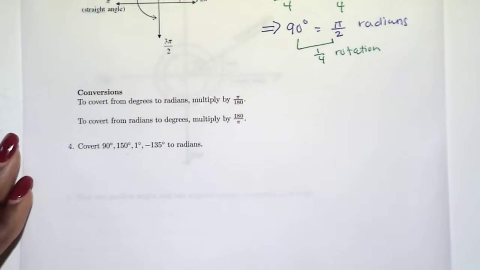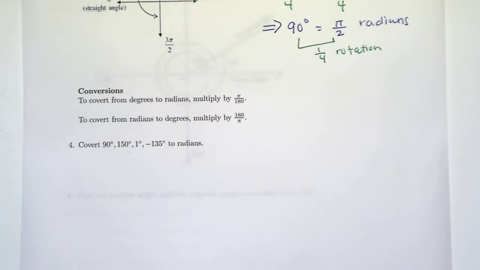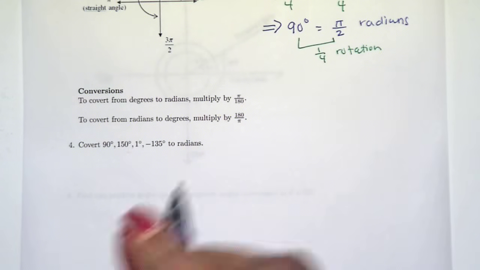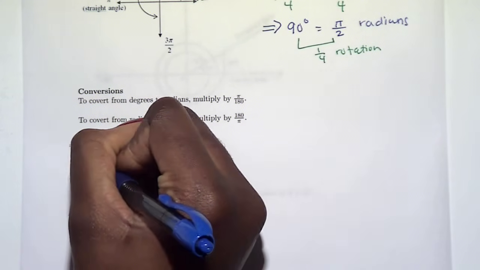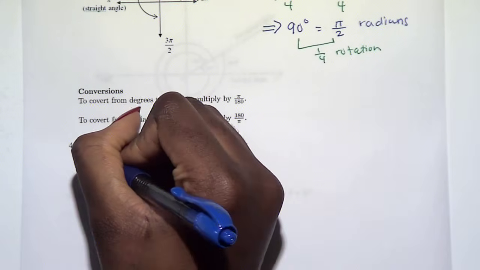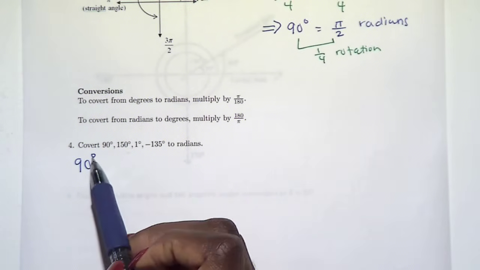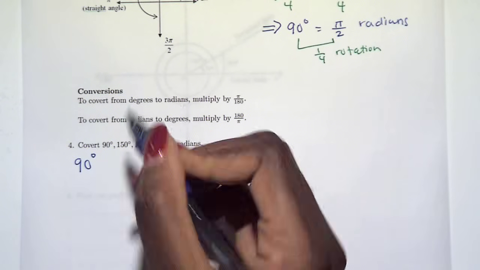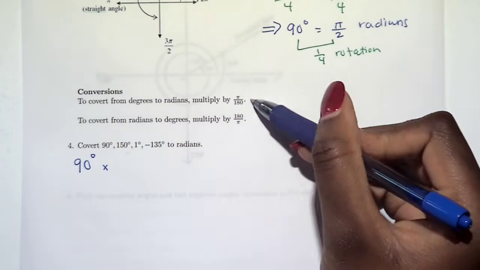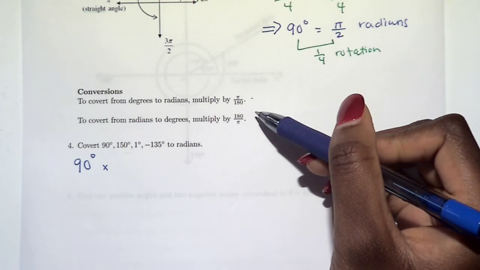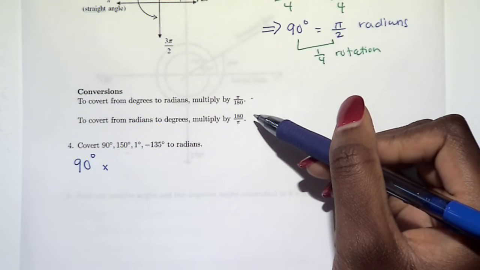So for example, number 4 says convert these angles to radians. So 90 degrees, 150 degrees, 1 degree, and negative 135 degrees. Let's start with 90 degrees. We already know what we should get, pi over 2 radians. The goal is we don't want degrees anymore, we want radians. So we want to choose the thing that will cancel our degrees.